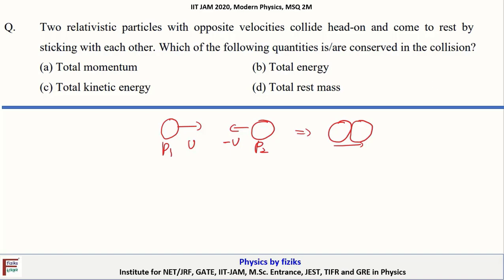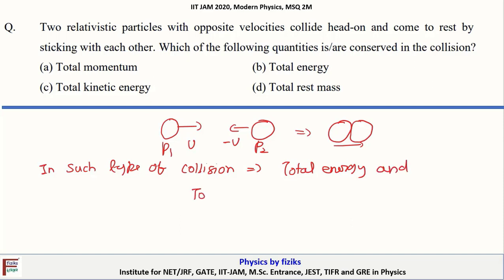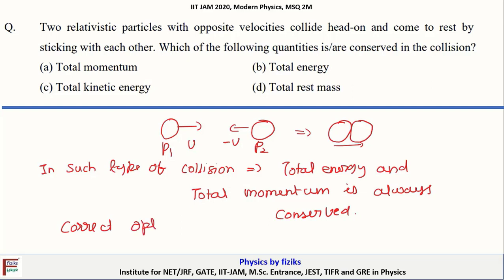So in such type of collision, total energy and total momentum is always conserved. So correct options are A and B.